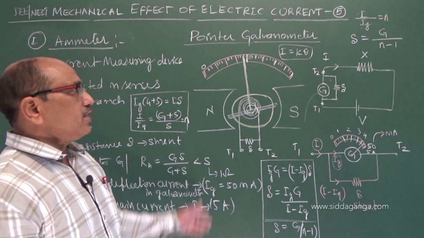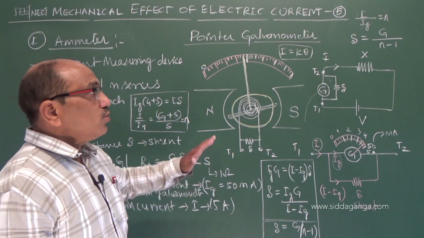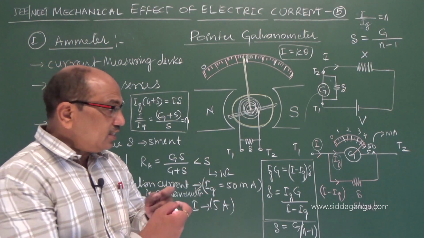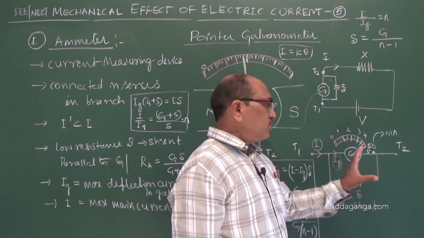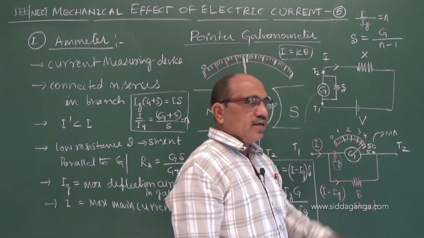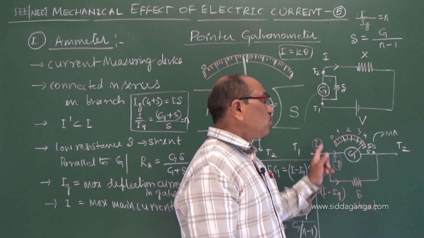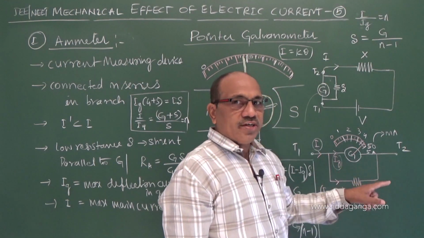Sometimes, if you take sensitivity, sensitivity no doubt decreases because the range increases. For example, earlier it was measuring 50 milliamps, the range was less, 0 to 50 milliamps. Now I have converted it to measure 0 to 5 amps.